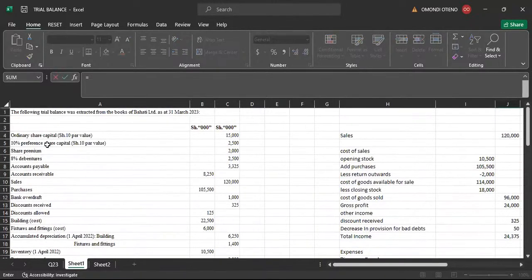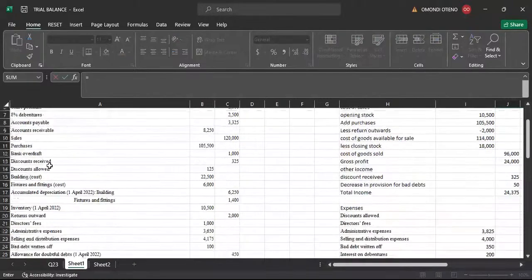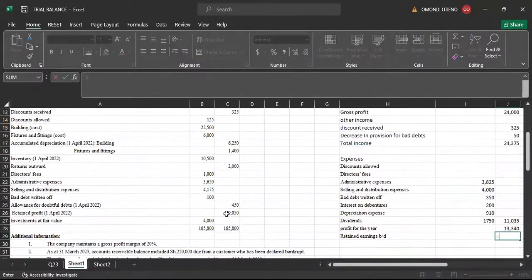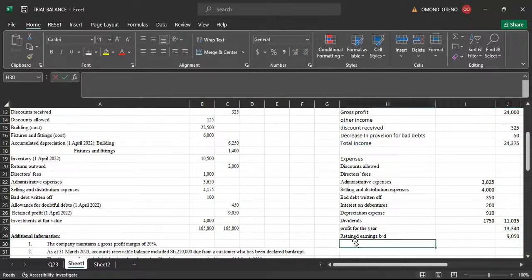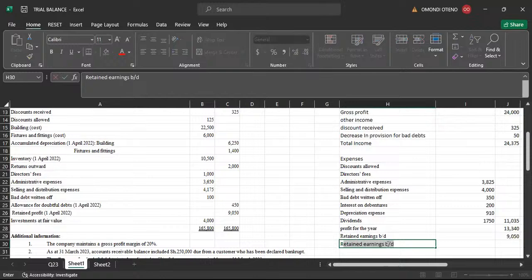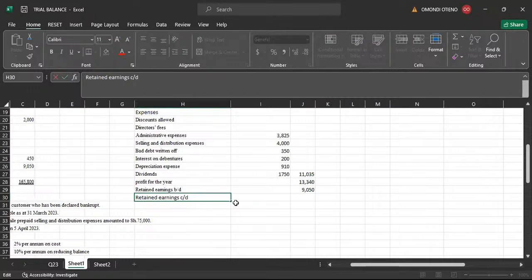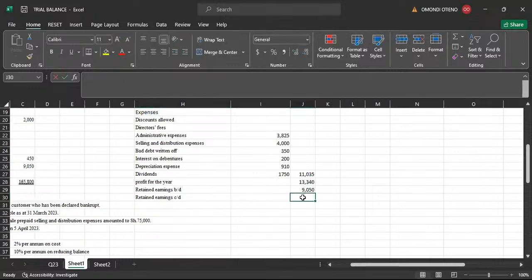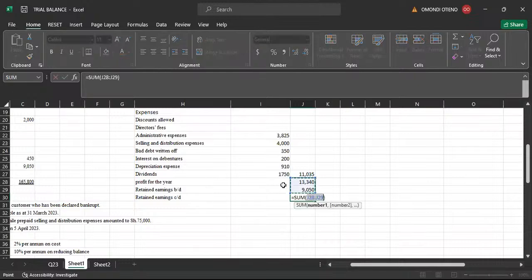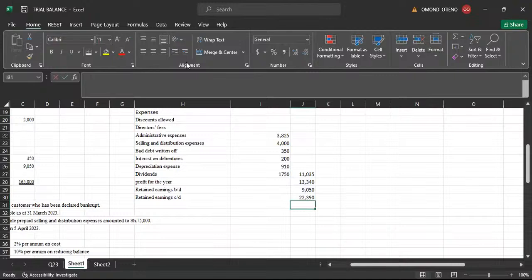This is it, so that we have our retained earnings carried down. So when we add that, that is 22,390. Let me see, somebody is saying here, par value of 10.